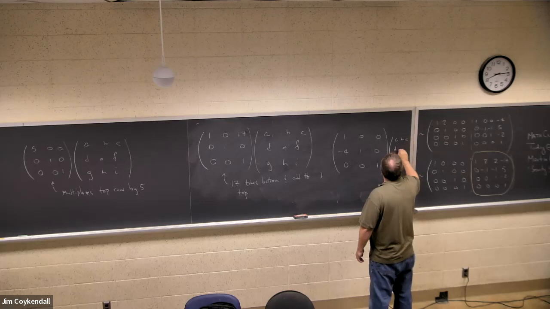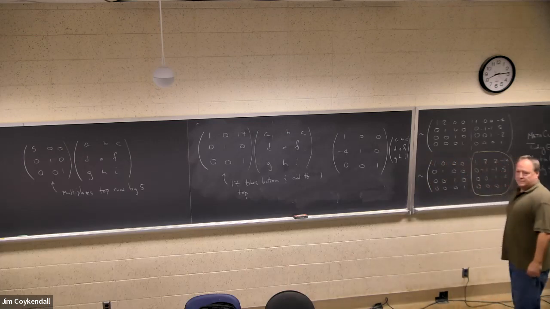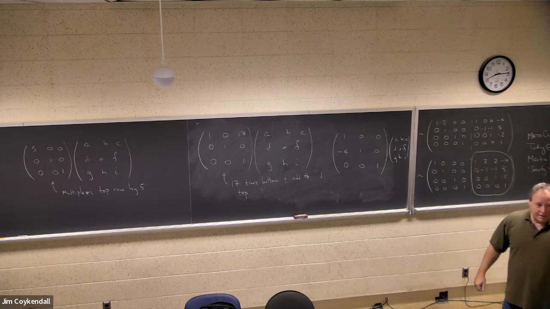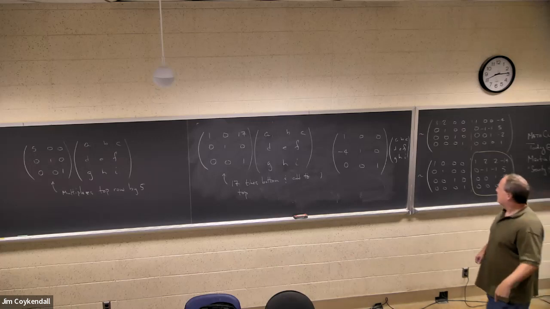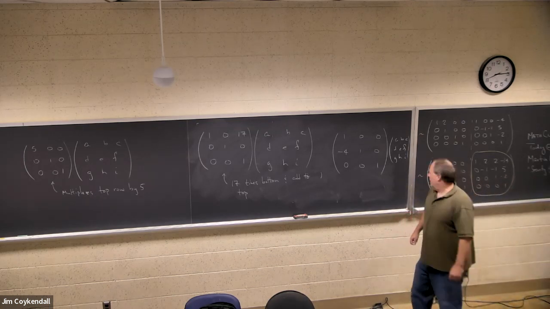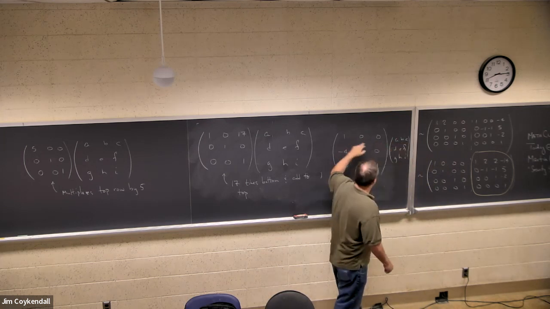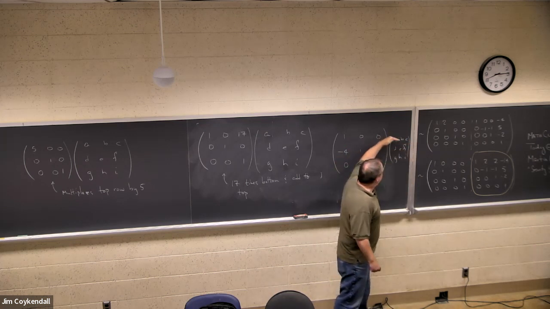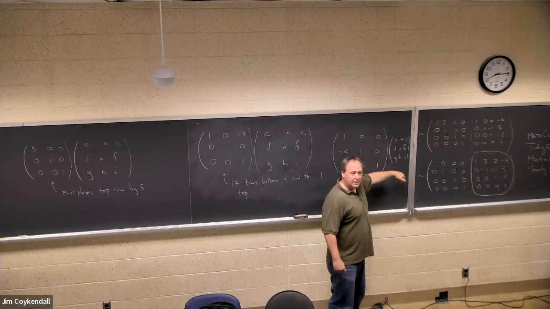A, B, C, D, E, F, G, H, I. It multiplies the entries on the first row and then adds them to the second. If you look at this, it will leave the top row alone, so you'll get ABC. This one is going to be -4 times the top row plus the middle row. So you take -4 times the top and add it to the middle, and then it leaves the bottom row alone.